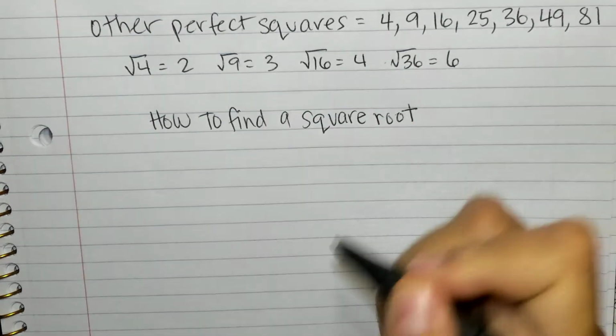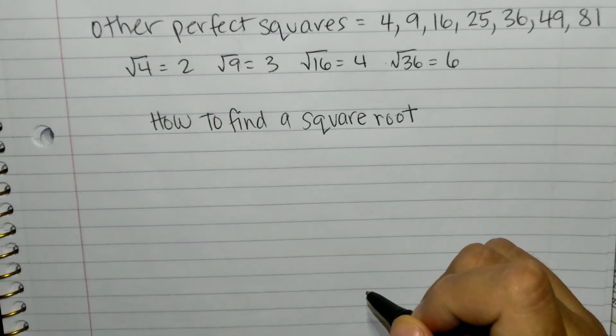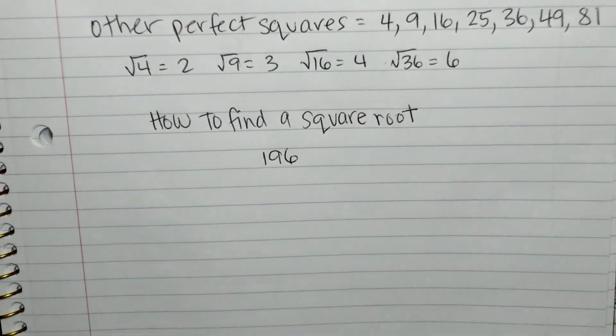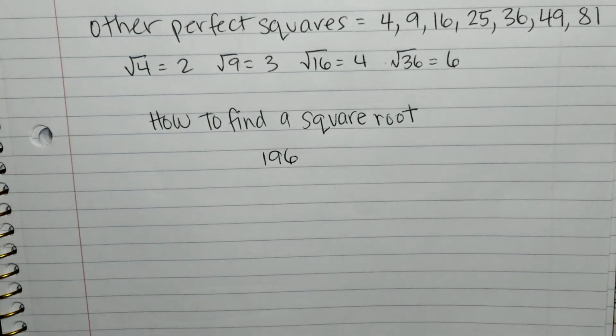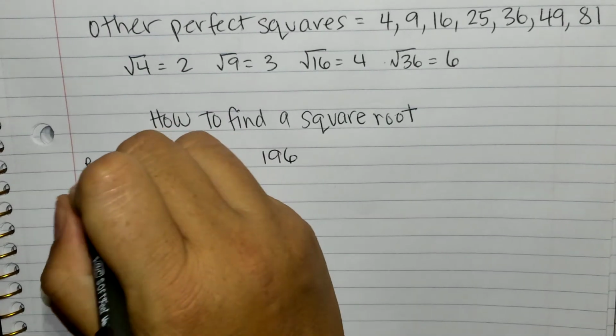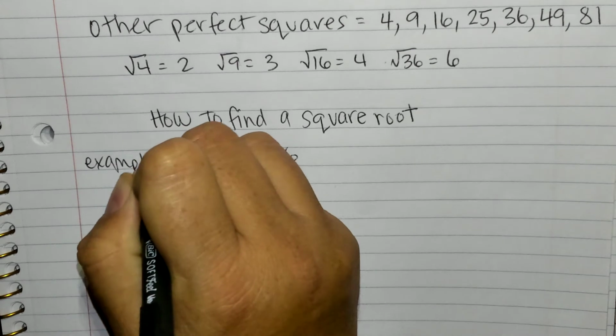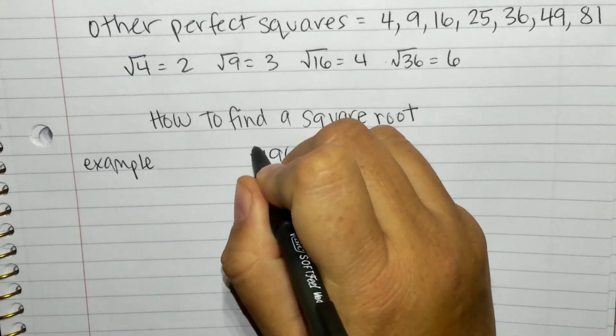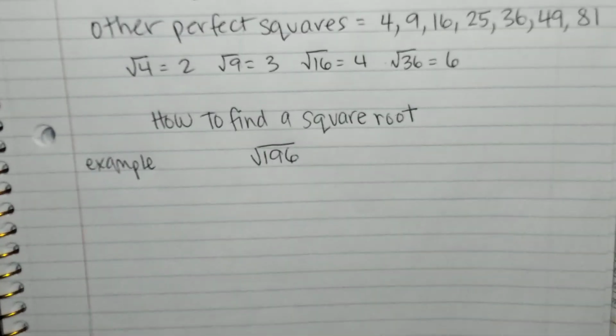I'm going to tell you that 196 is a perfect square. So a number times a number equals 196. This is how we find out what that number is. We're going to find the square root of 196.